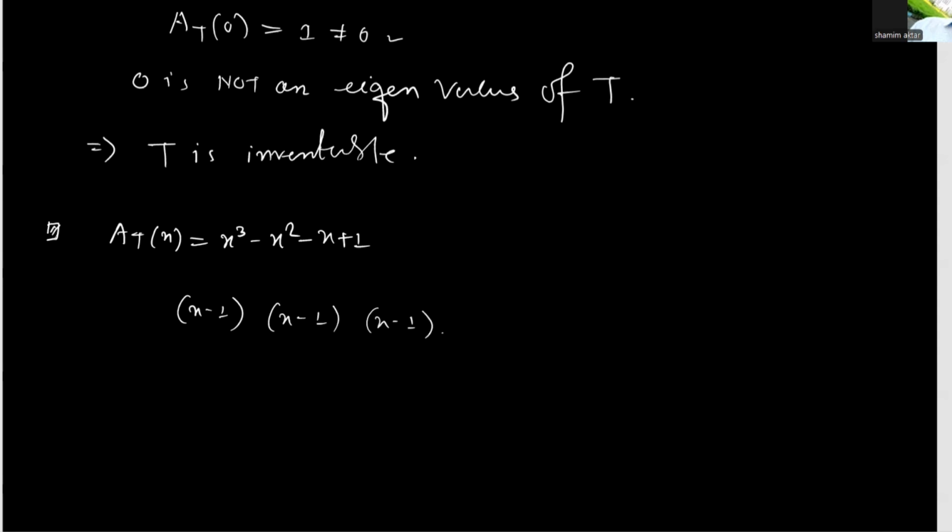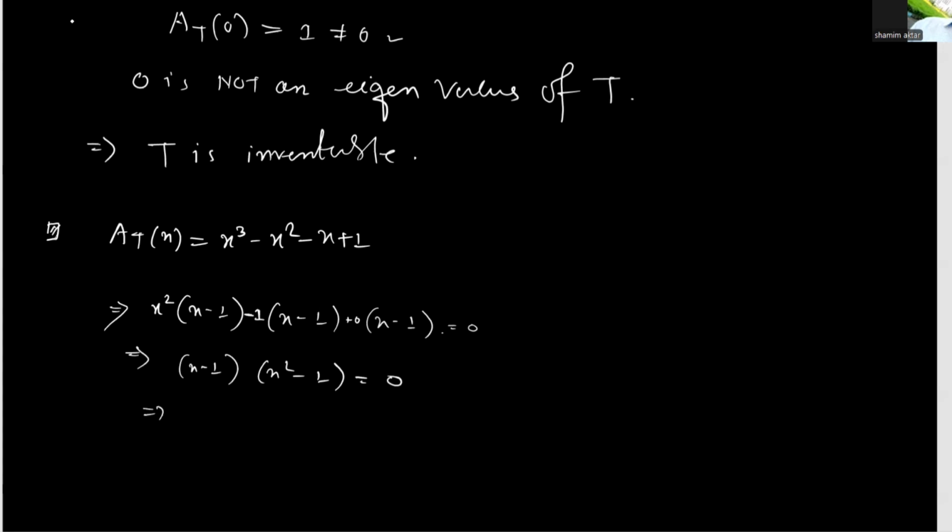So this implies x cube minus x square, and here we put minus 1, and here plus 0. So this implies x minus 1 is common, so x square minus 1 equal to 0.